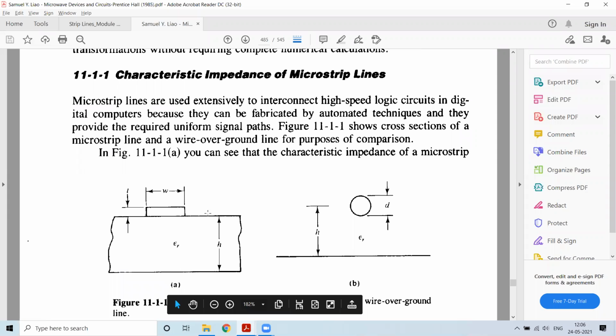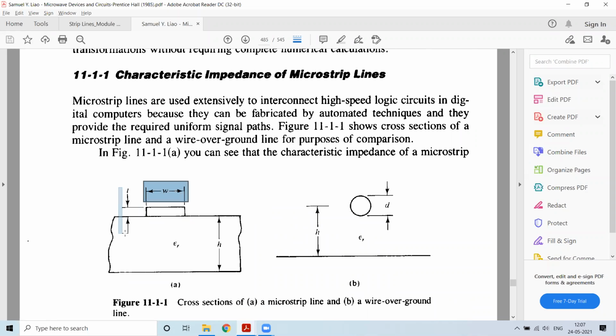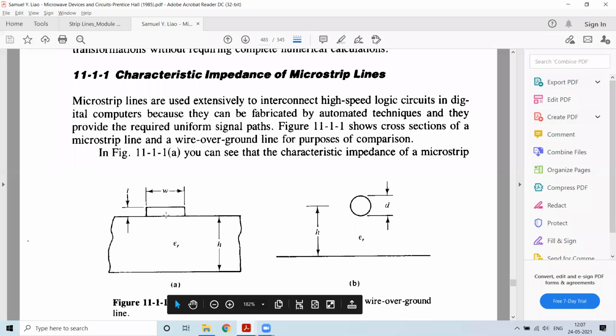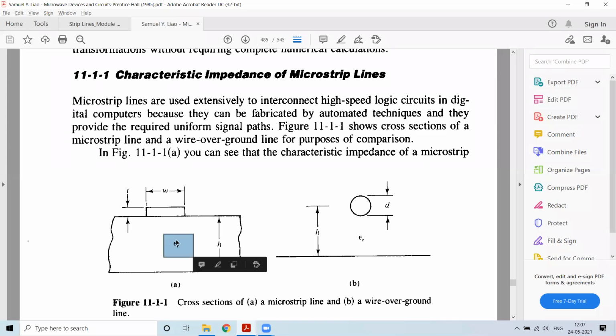From this, at a height of h, I have the microstrip of width w, and the thickness of the strip is t.